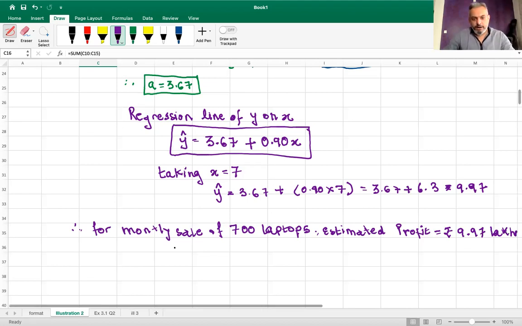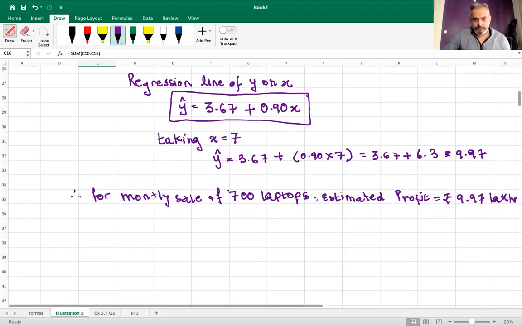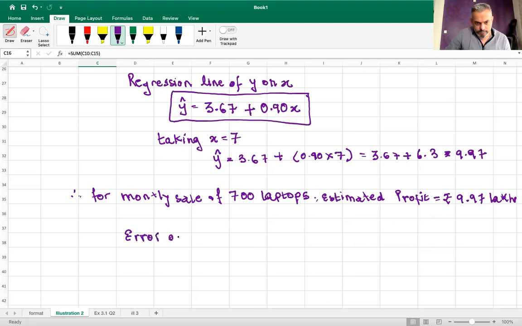Now, let's find out the error of estimation. Error of estimation is equal to y minus y cap.